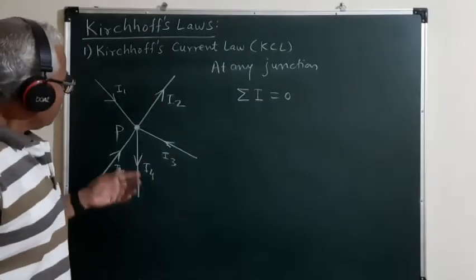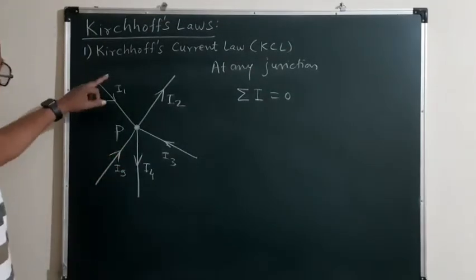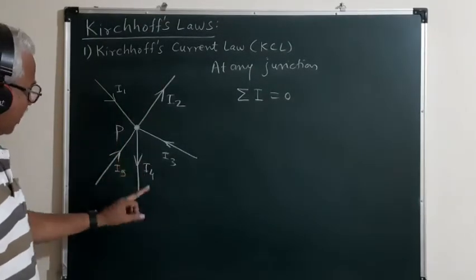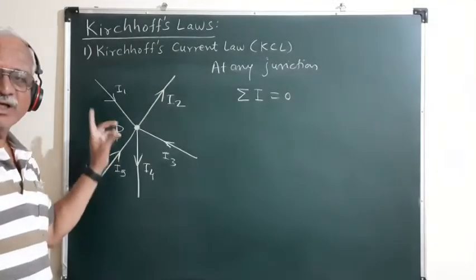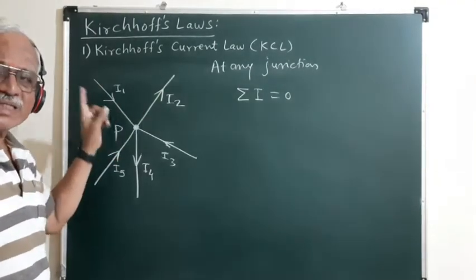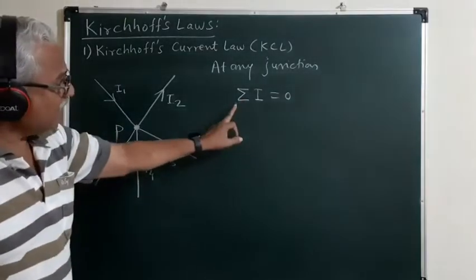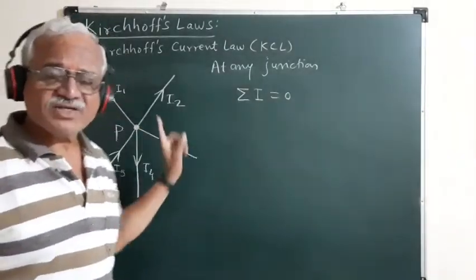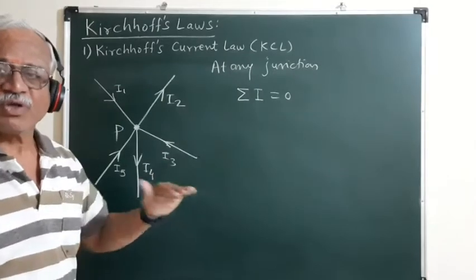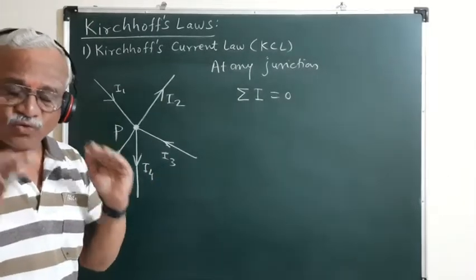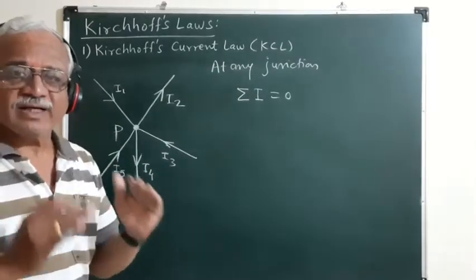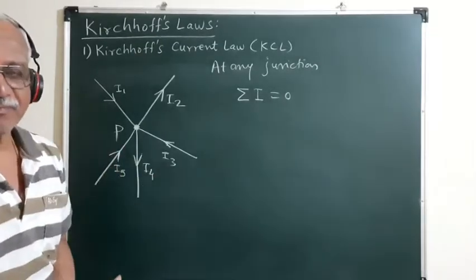If we observe here, the currents I1, I2, I3, I4, I5 are flowing through the different branches arriving at the junction P. In order that the algebraic sum of the currents at the junction P be equal to 0, we have to make a certain sign convention.